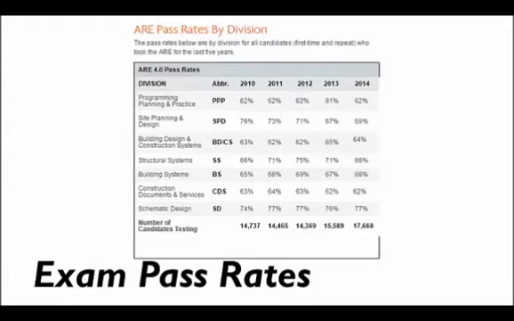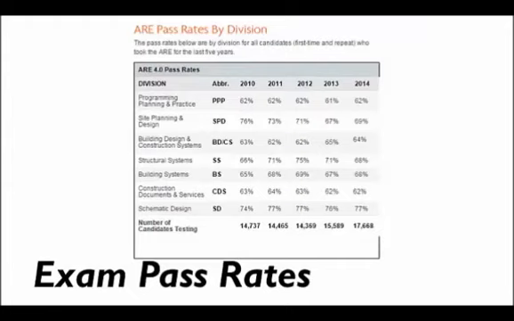So it kind of depends on what years the test was taken and who was taking the test and what the candidates' aptitudes were. But it looks like in more recent years that programming, planning, and practice was a pretty low pass rate, and so was construction documents and services.